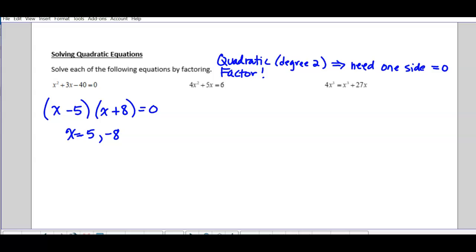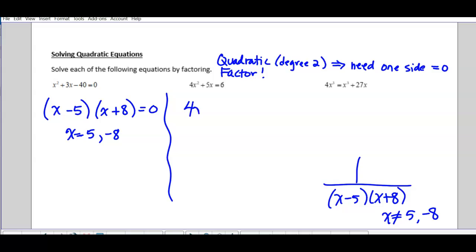But if you had an expression like this, then your non-permissibles are 5 and negative 8. Those are numbers that you can't have. Here, those are the numbers that we do want, right? So it's basically the same thing as finding non-permissibles, except now they're not non-permissibles because they're in the numerator. You're actually solving that.